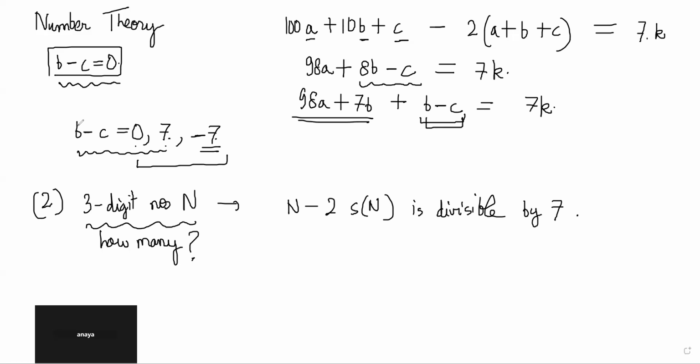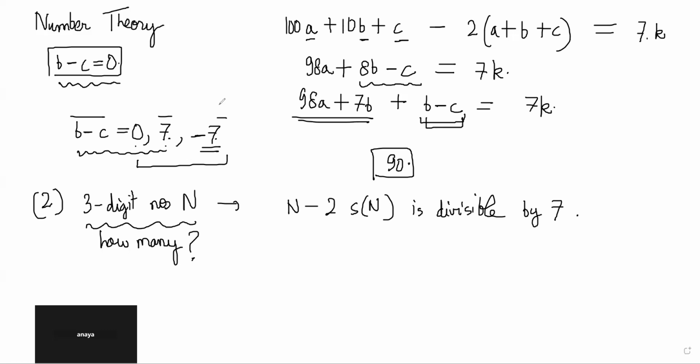A can be anything from 1 to 9, it can't be 0. And b and c have 10 choices each. So there is 90, but you also have to now consider the other cases.